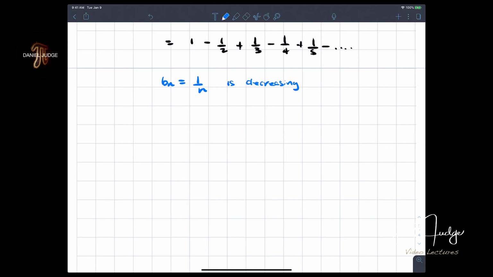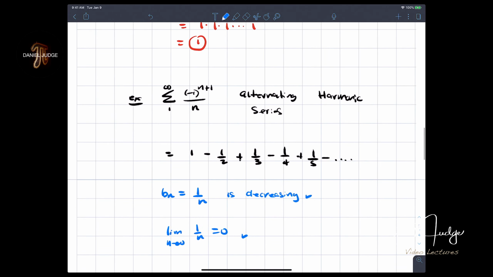Okay, it's decreasing. We also know that the limit of 1 over n equals 0 as n gets big. So since it's decreasing and the limit is 0, here's what I know about this alternating series. This alternating series converges by the alternating series test.